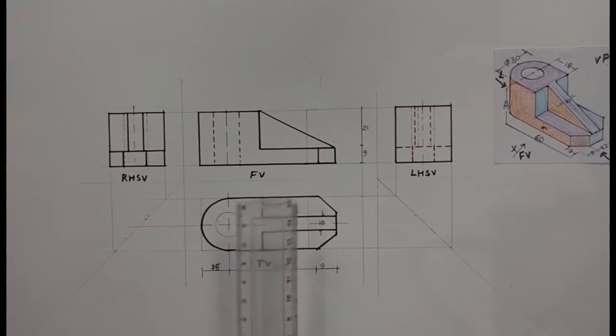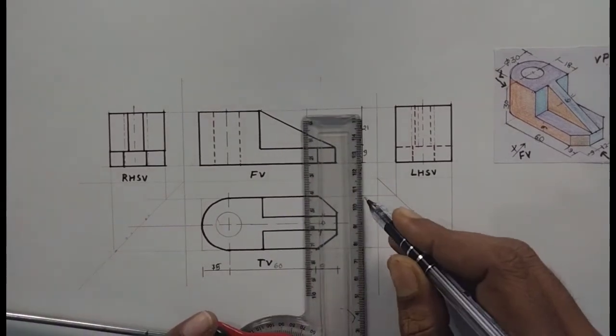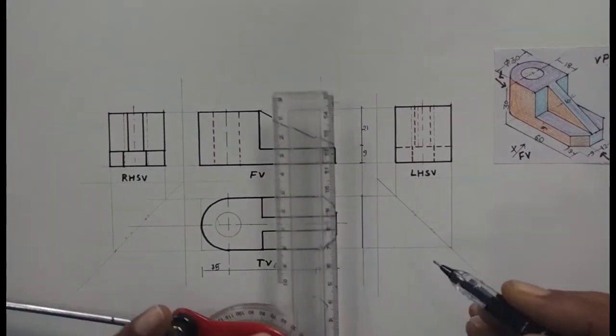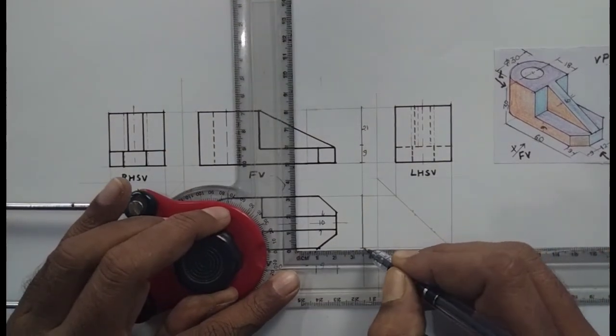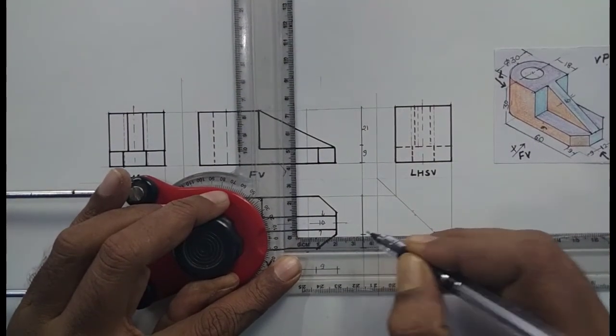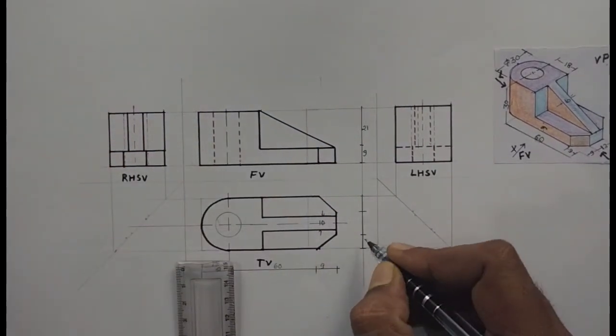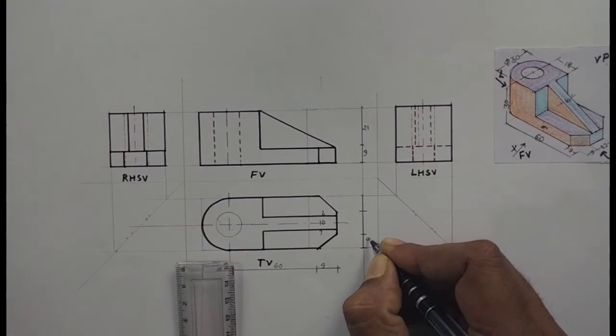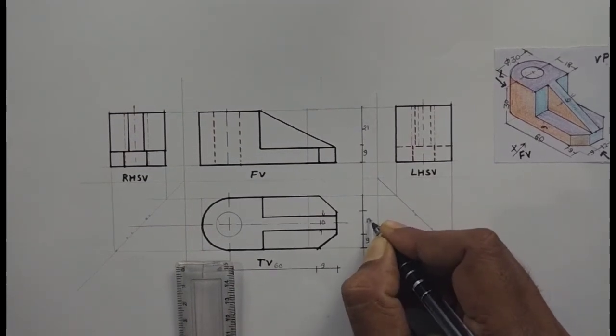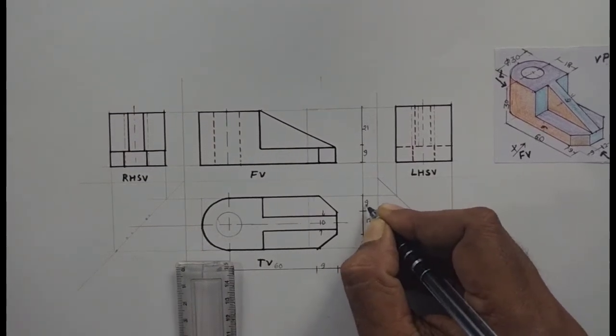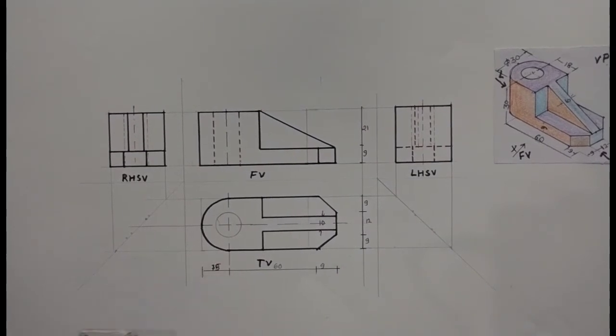You can show the width of the objects with the intermediate parts. So this is our 9, it is 12, it is also 9 mm.